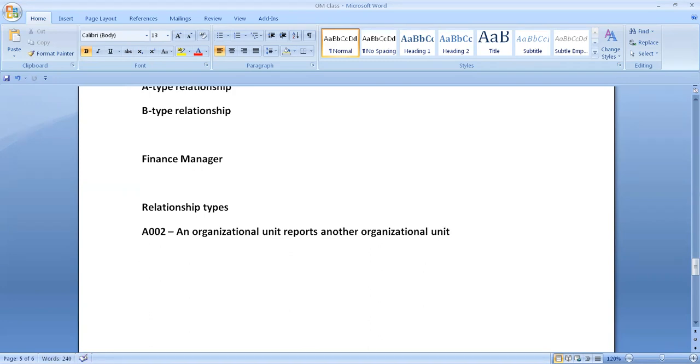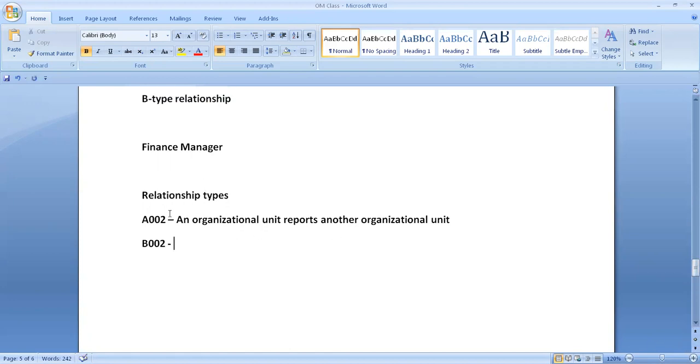B002 is nothing but reciprocal, because if I'm creating A002, the system will automatically create B002. If I'm creating B002, the system will automatically create A002. That's what we have seen in the example.